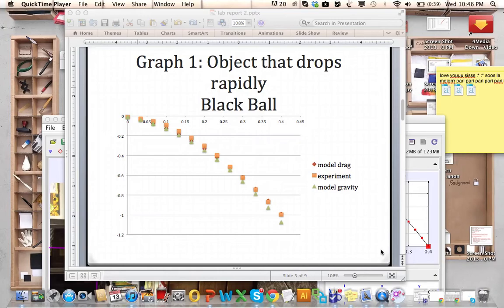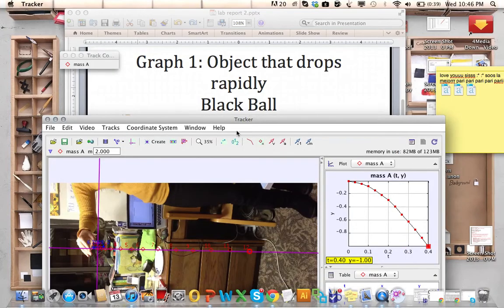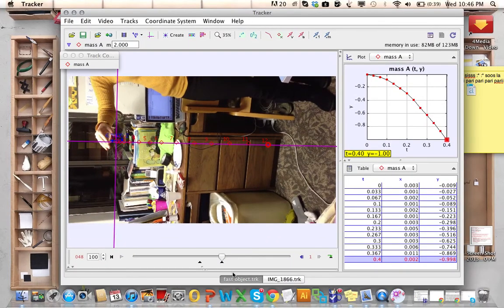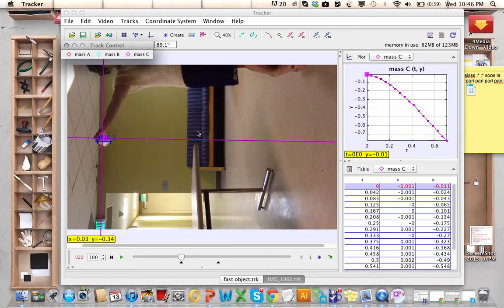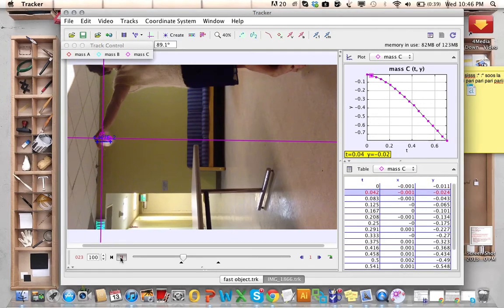And then we moved on to our second object, which is a paper towel ball. Here is our video, also with the coordinate plane set, the diameter, and the tracker, the mass point. Here's how it's analyzed, and here's how it's plotted.